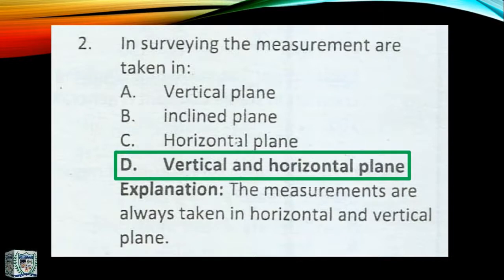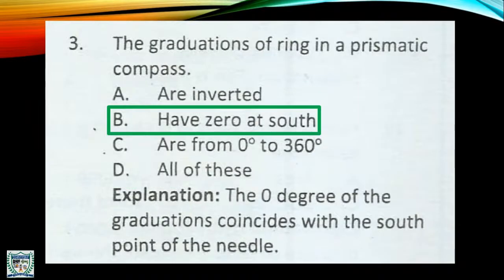Question 2. In surveying, the measurements are taken in option D, vertical and horizontal plane. The measurements are always taken in horizontal and vertical plane. Question 3. The graduations of the ring in a prismatic compass, option B, have a 0 at south.